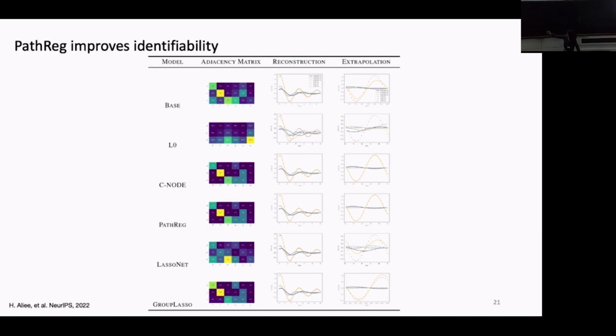For all these methods, I'm not sure, I have to recap because I did this like 2 years ago and I don't remember the details of the Lassonet, to be honest. I have to think about it. But what we show here is just the weights that we learn from the network.